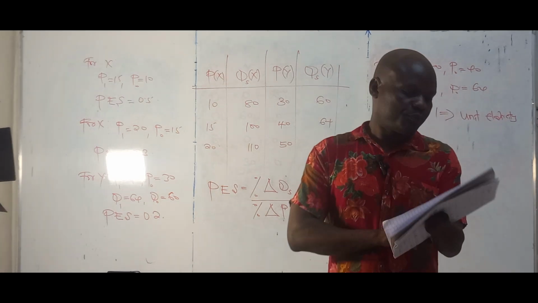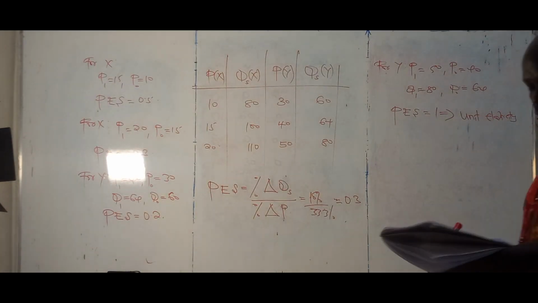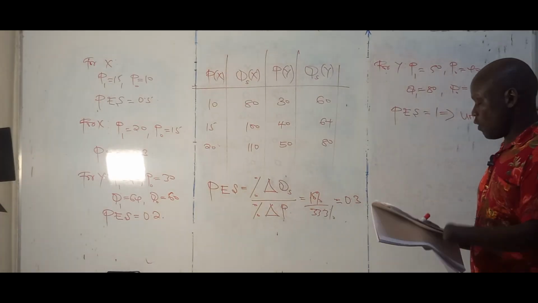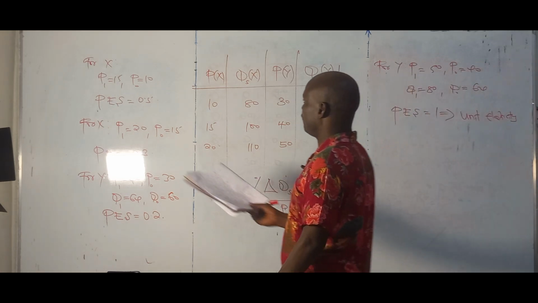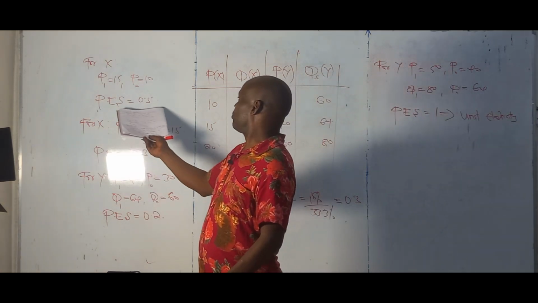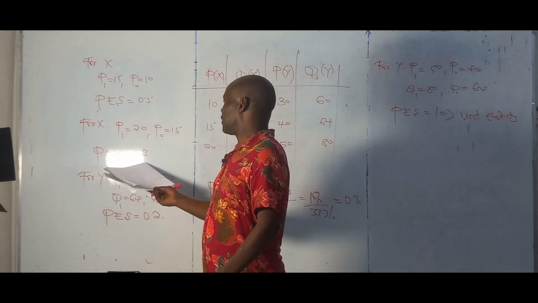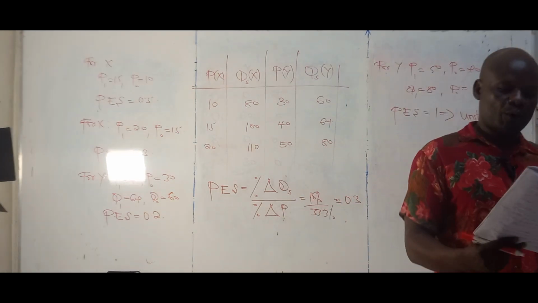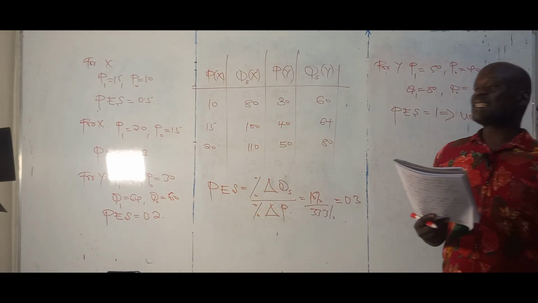So now the interpretation follows. Both calculated values of PES for product X are 0.5 and 0.3. The first case is 0.5, the other one is 0.3. Since both values are less than 1, the supply of X is inelastic.